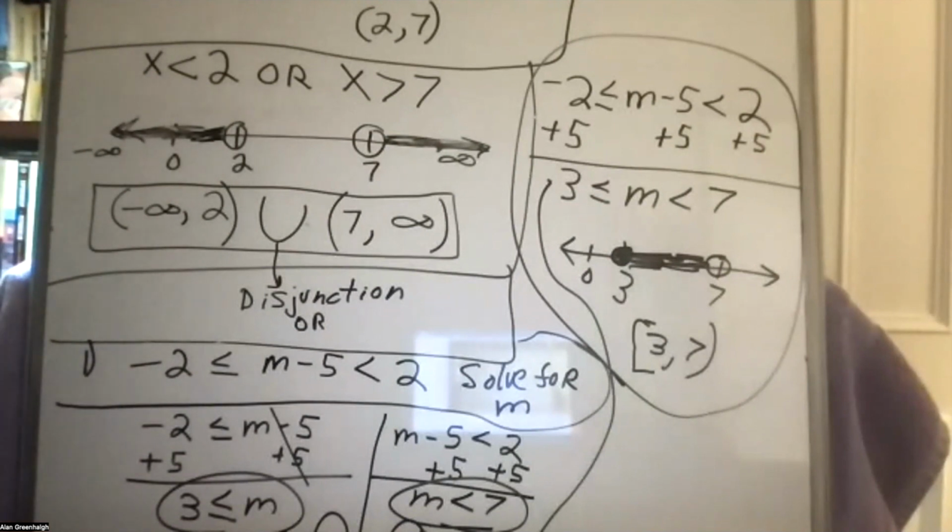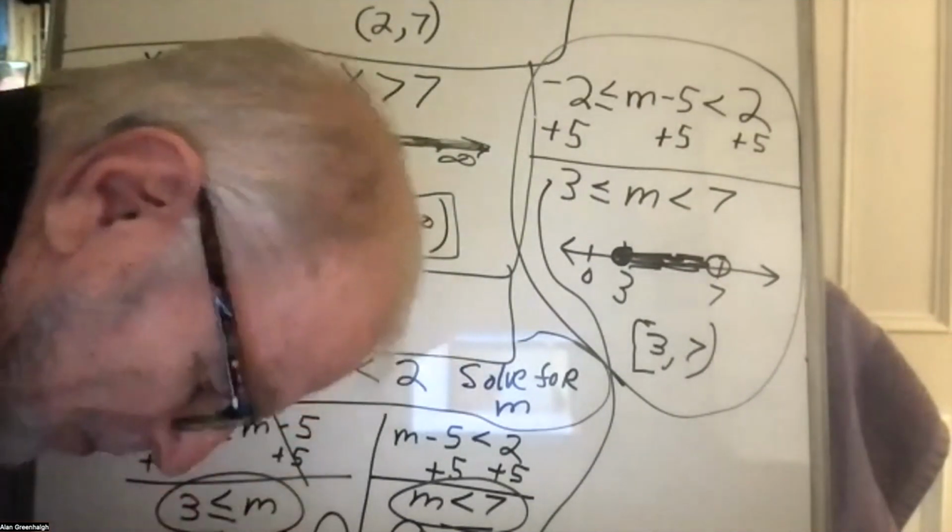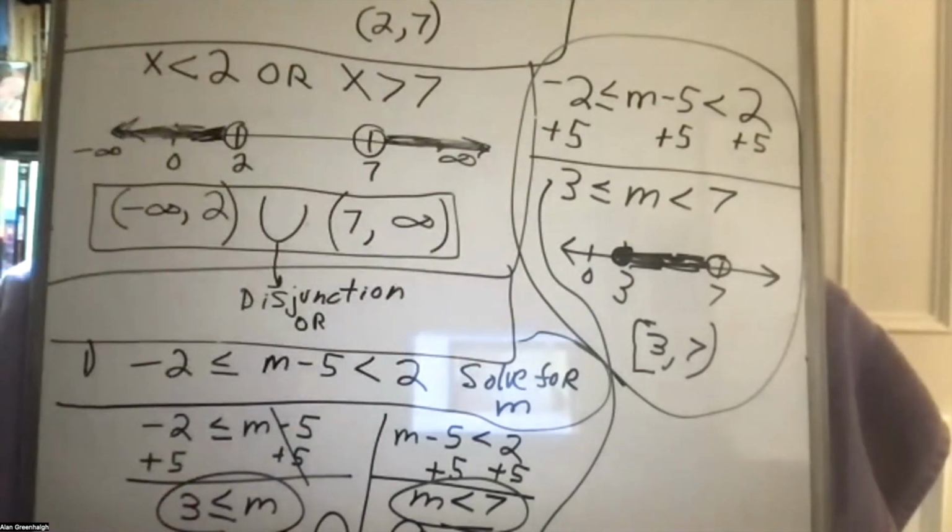I have a question. Thank God. So you see on the number line how you did the shading in between the lines from 3 to 7. What happens if we don't shade it?